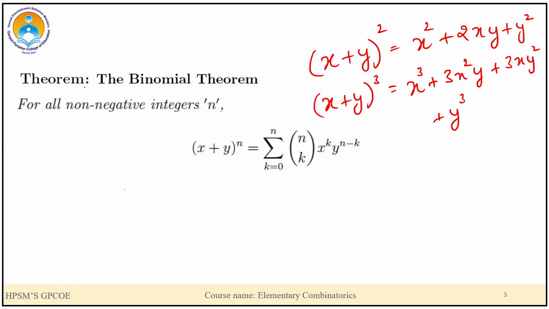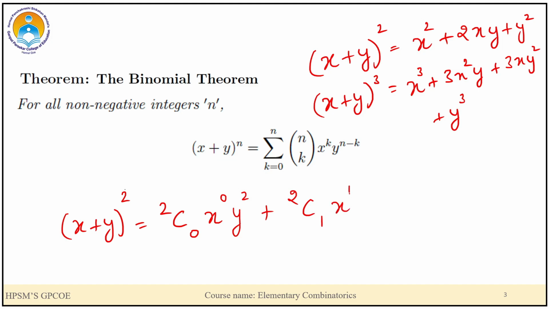So if I have to expand x plus y the whole square in this manner, it will be 2C0 x raised to 0 y squared plus 2C1 x raised to 1 y raised to 1 plus 2C2 x raised to 2 y raised to 0, which if we simplify, 2C0 is 1, x raised to 0 is 1, this gives you y squared, 2C1 is 2, along with that you have x and y, and 2C2 is 1.